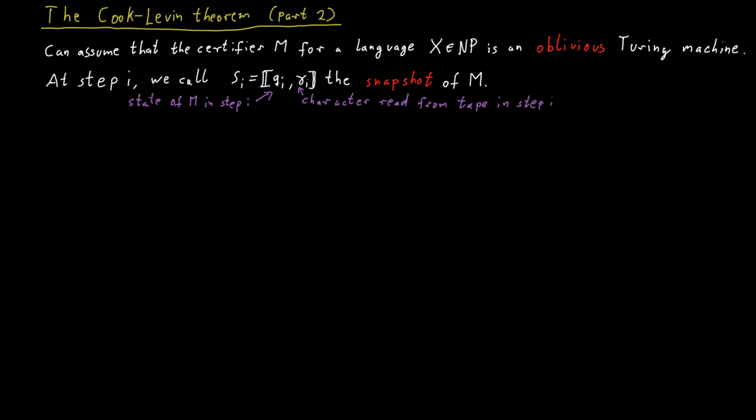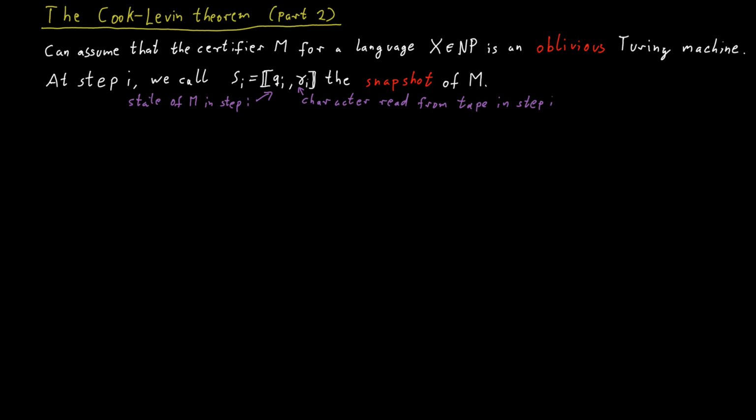So in step i, our head position is somewhere, and that cell contains some character, and that's gamma i. So the snapshot just has two parts: the state of the machine at this time and the character that is located under the head at this time.